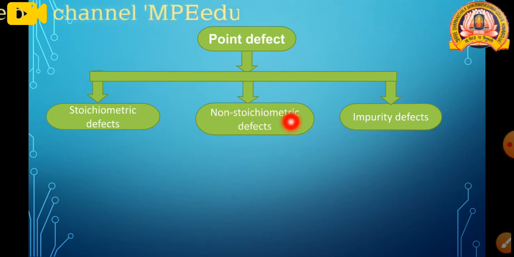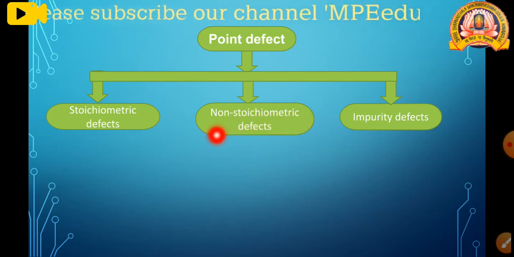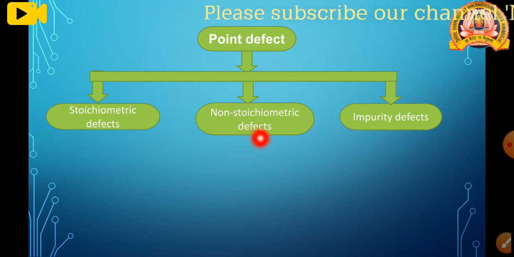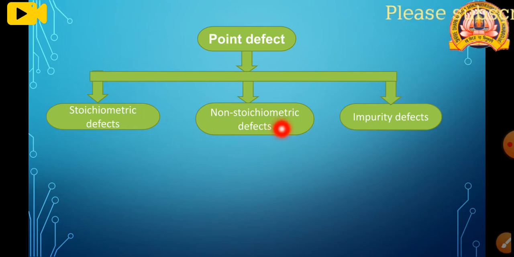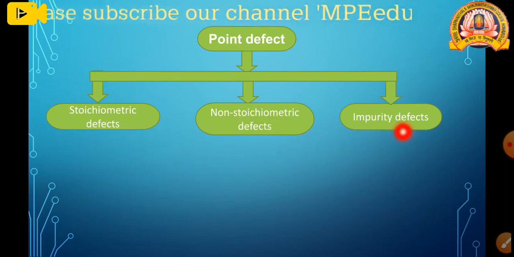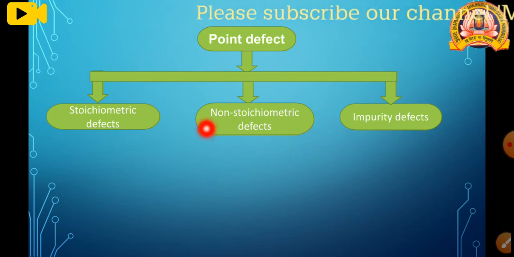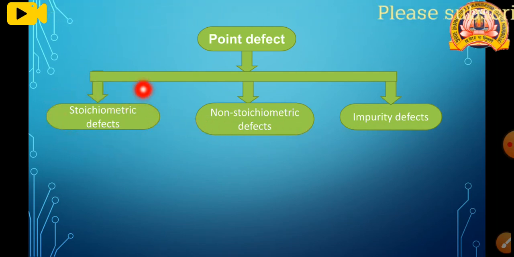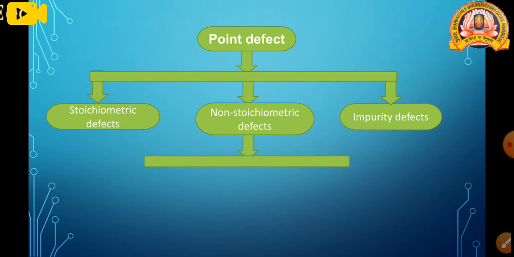Let us discuss non-stoichiometric defects. They are further classified into two types: one is metal excess defect, another one is metal deficiency defect. So in this video, we are going to discuss three types of defects: metal excess defect, metal deficiency defect, and impurity defects.